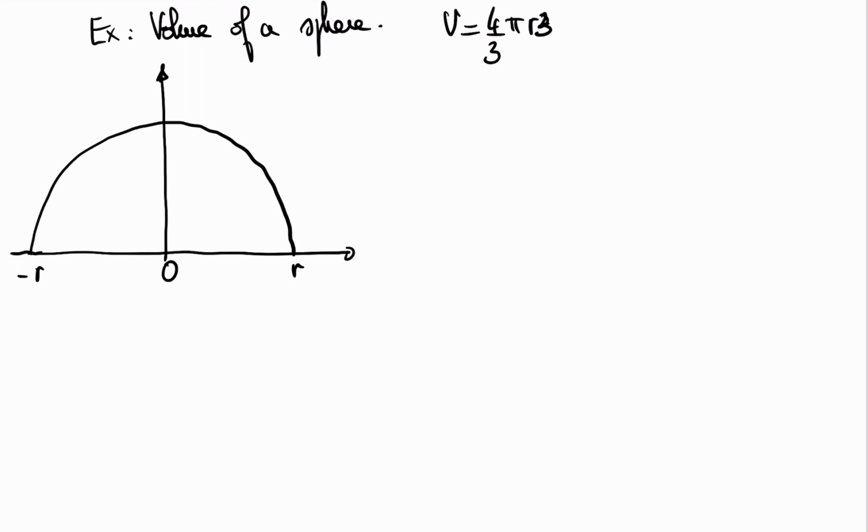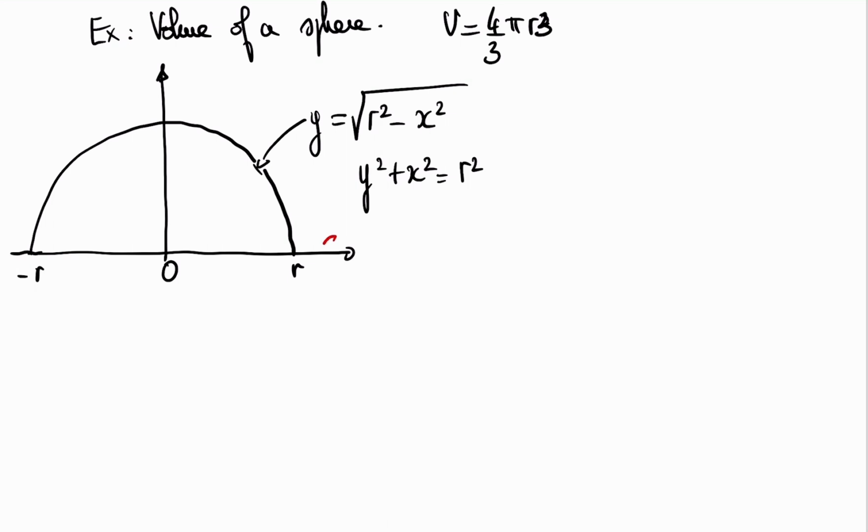Here is 0. What is the equation of this? The equation of this is y equals the root of r squared minus x squared, because the equation of the circle is y squared plus x squared equals r squared when it's centered on O. So I'm only considering the part above the x-axis.